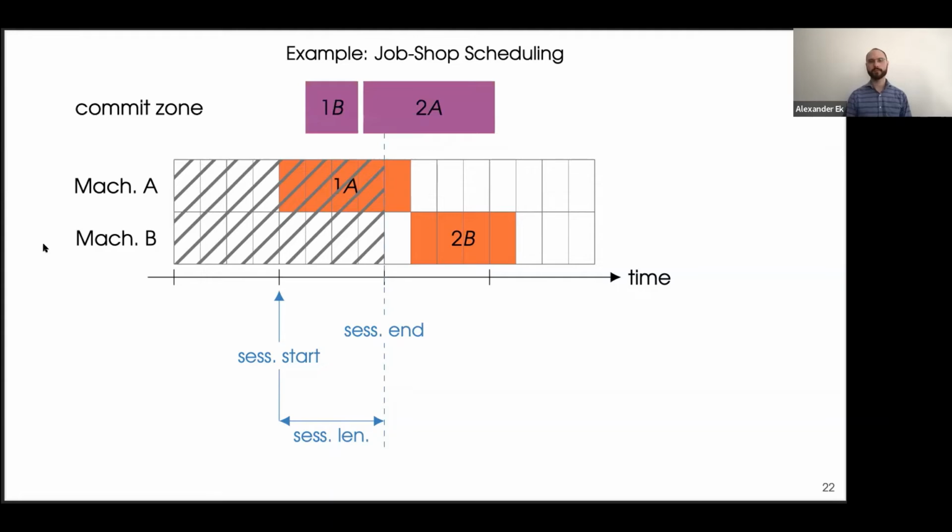We have the purple jobs come in. Now we can reschedule one of the orange jobs, but the other orange job is in what we call the commit zone. It has already started. And here we're assuming that the jobs cannot be canceled in the middle, assuming that the job needs to be run to its full completion, so we can't change this.